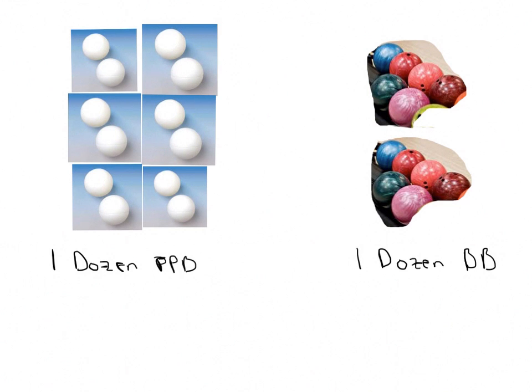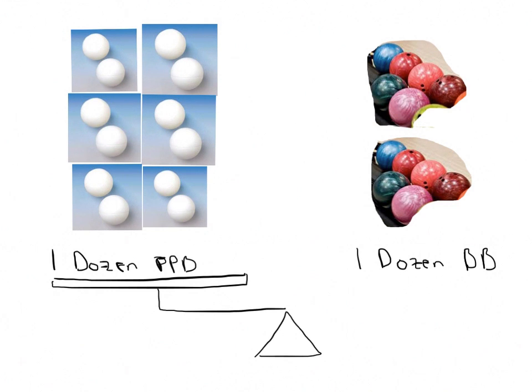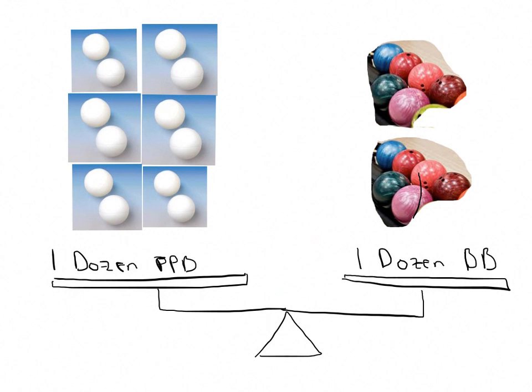Now, if I were to take one of those old balances and put my bowling balls on it and my ping pong balls on it, you could imagine that the bowling balls would be much, much heavier.